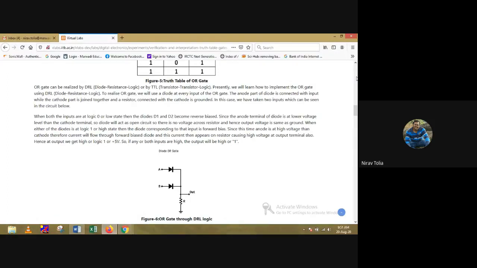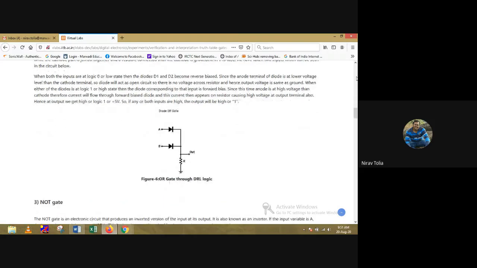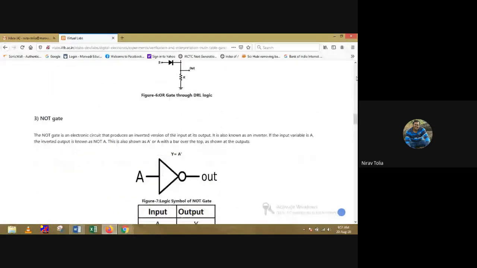If you are giving a voltage to any one particular diode, then it will work, and it gives you the output 1. So this is the circuit of the OR gate in DRL logic.